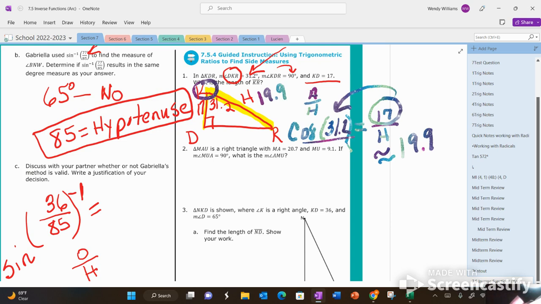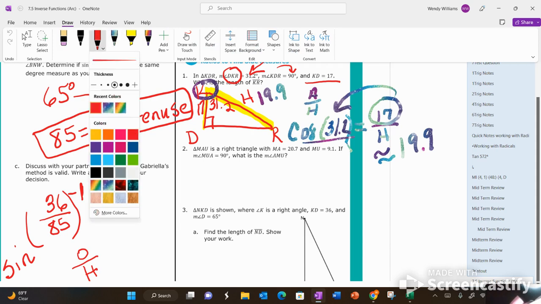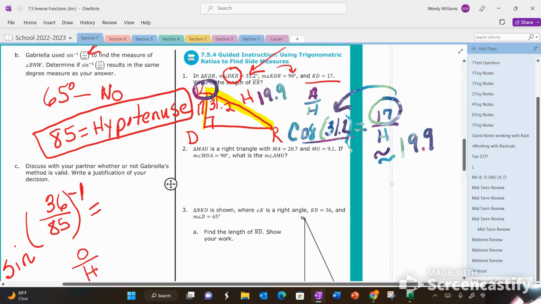All right, one more time. Let's go back and say that again. This time we're not finding an angle measure. It's not an arc sine. This time we're just using it because they give me the angle measure. If you know what it is, simply plug it in and use it. According to this picture, we have adjacent and hypotenuse. My adjacent is 17. My hypotenuse is the variable that we're looking for.